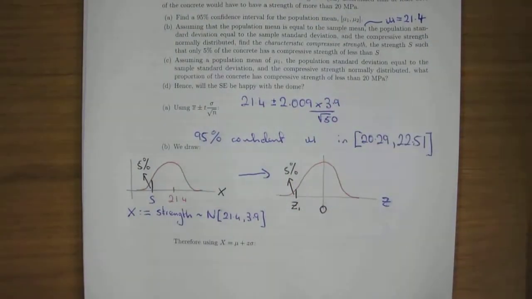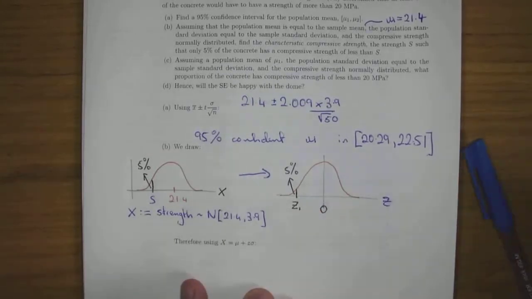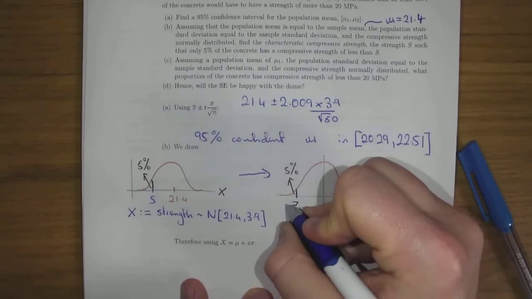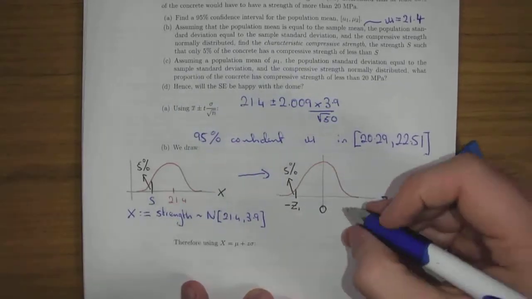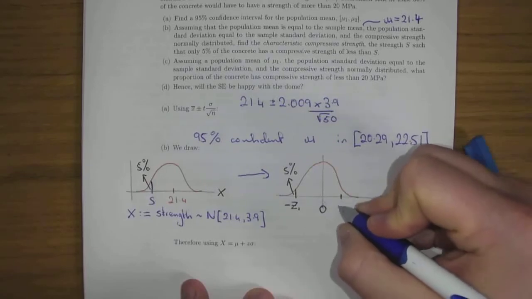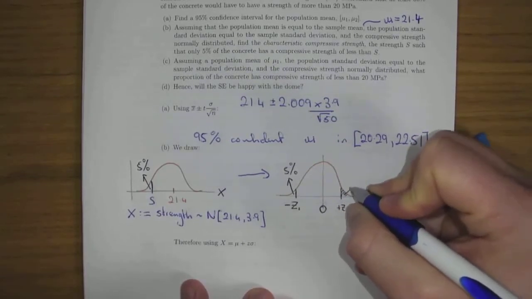Now I don't have much space here, but if you have done some exercises on the normal distribution, you'll be used to this. So by symmetry, let me call this minus Z1. If I go to plus Z1, by symmetry, there's also going to be 5% in here.